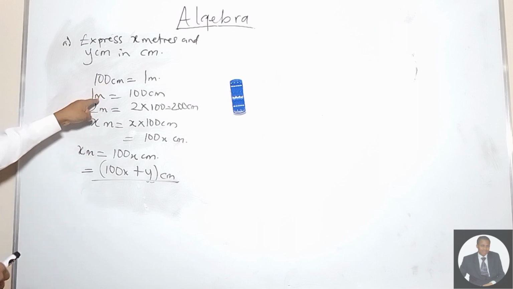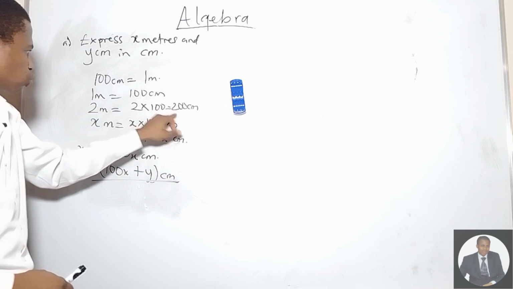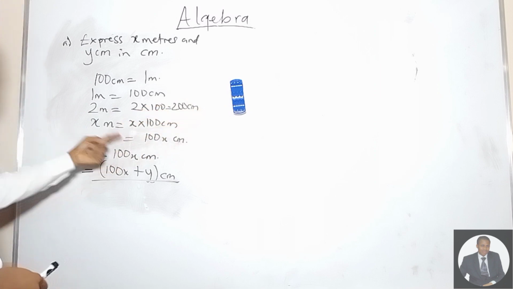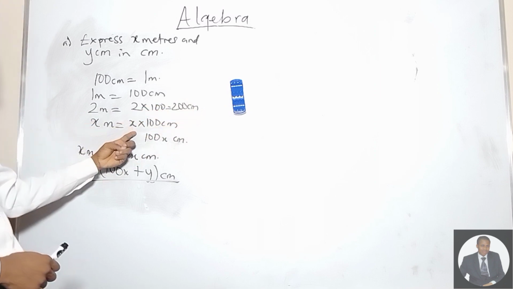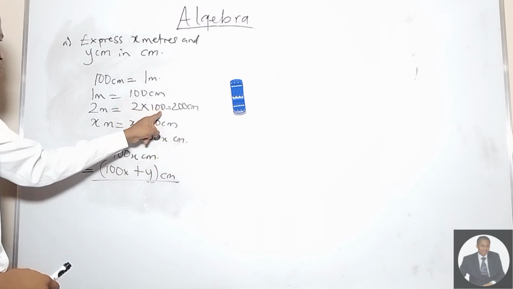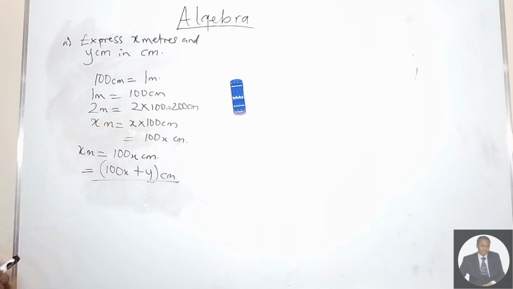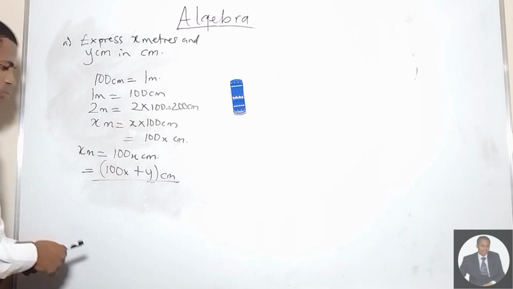If 1 meter is 100 centimeter, 2 meters is 2 times 100, that's 200 centimeter. So x meters will be x times 100 centimeter, which is 100x centimeter. So this is one answer.